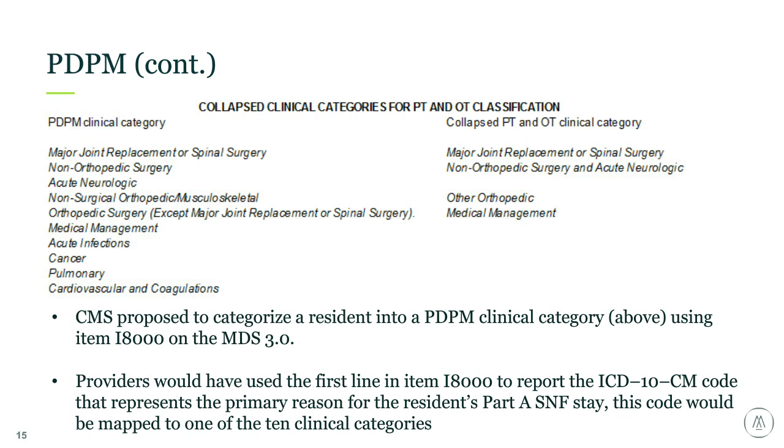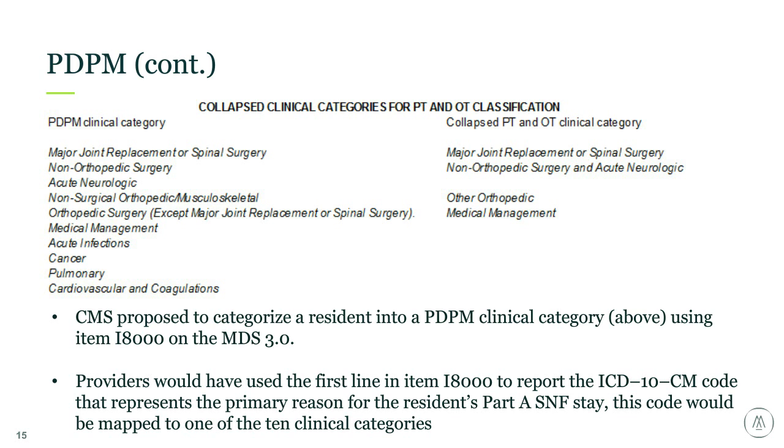So CMS proposed that they would have major clinical categories for the PDPM, and you can see those here on the left, typical of what we would normally see in that skilled nursing space. And then they also collapsed down PT and OT clinical categories to match up with the orthopedic and other services for those residents.